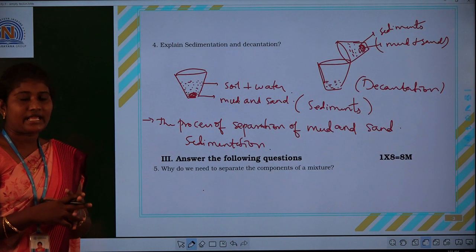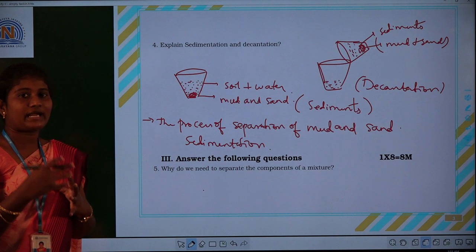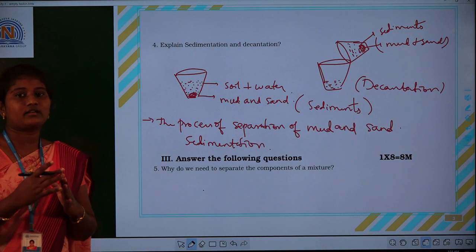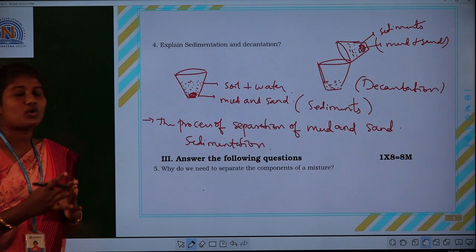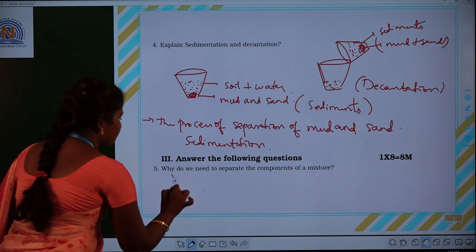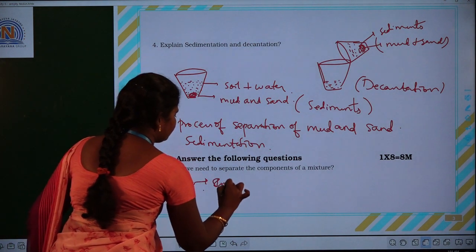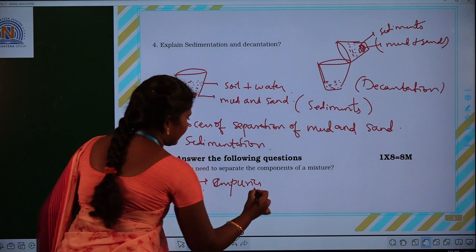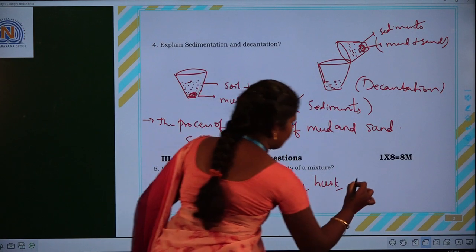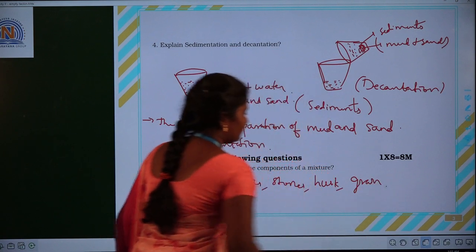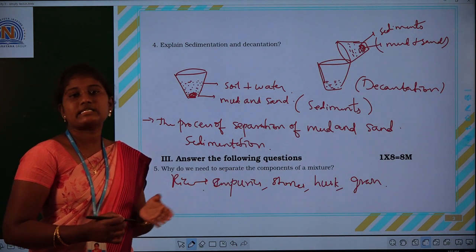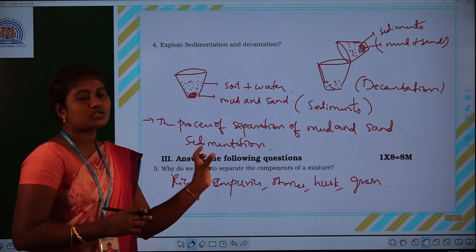Suppose you buy rice from the shop. The rice contains a number of impurities like husk, stones and grains. You have to separate the impurities from the rice. These stones, husk and grains are the unwanted components in a mixture, so it is required to remove them.